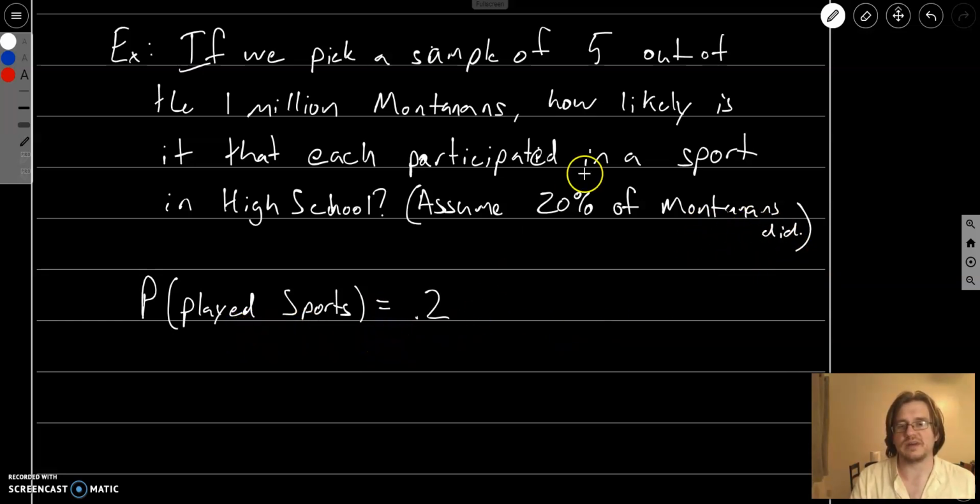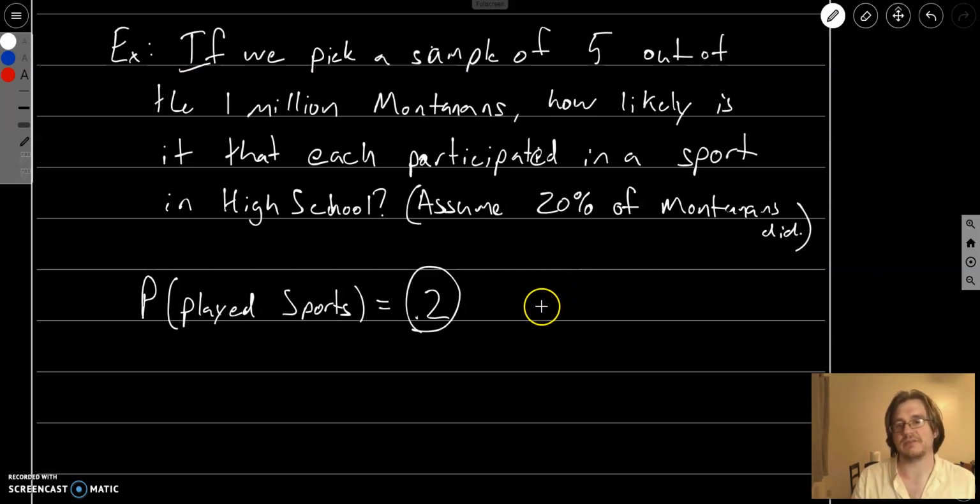So the way that we think about this is we pick the first person and we ask, did you play sports in high school? Well, the probability that they did is about 0.2. So then we go to the next person and we ask them if they played sports in high school.